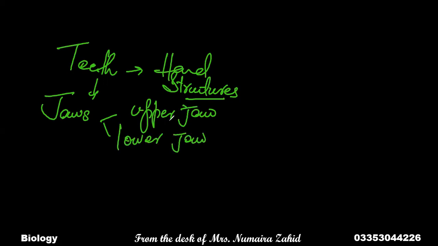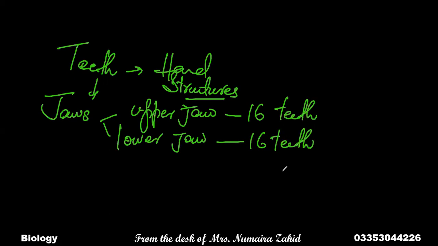In the upper jaw we have 16 teeth, and 16 teeth in the lower jaw. So in total, we have a set of 32 teeth, which are found in an adult's oral cavity.